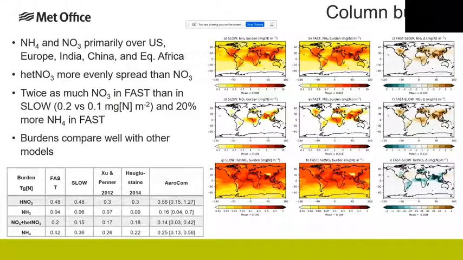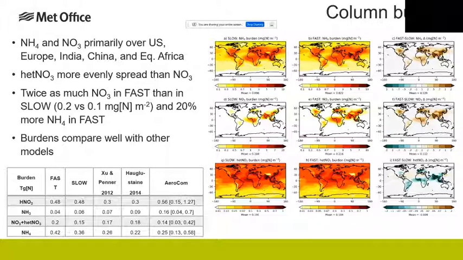So these are the column burdens. You can see that the ammonium in the top row and nitrate in the middle row are primarily concentrated over these populated land regions, US, Europe, India, and China, but also the biomass burning regions of equatorial Africa, whereas the coarse mode nitrate is much more evenly spread out.